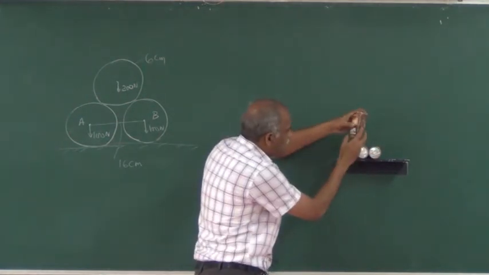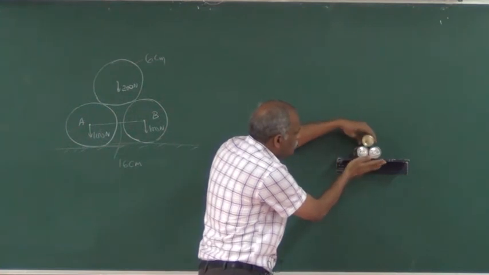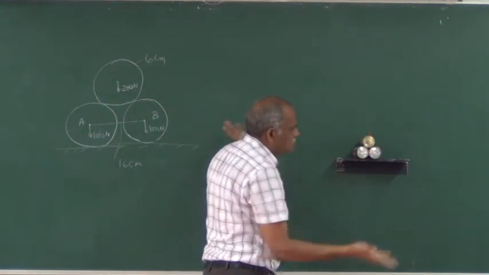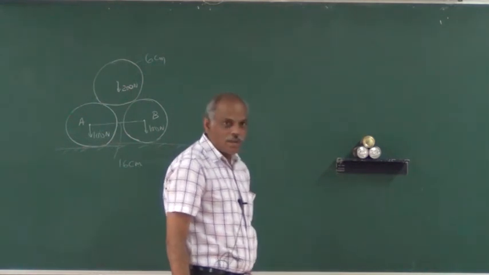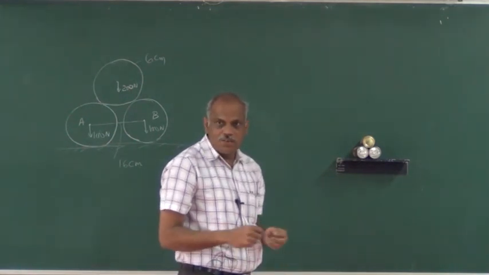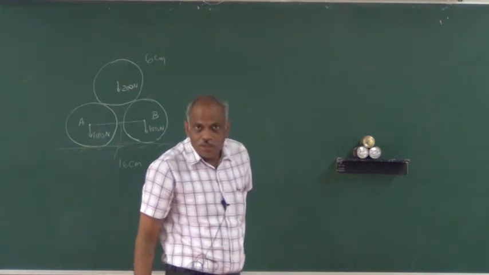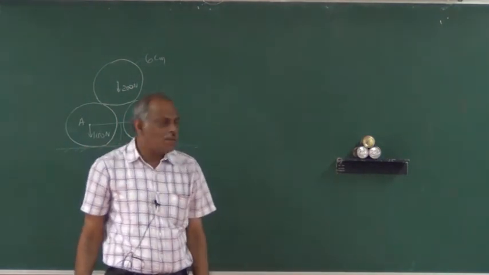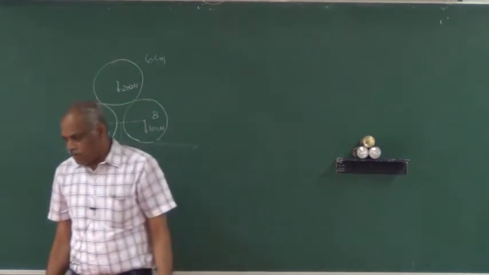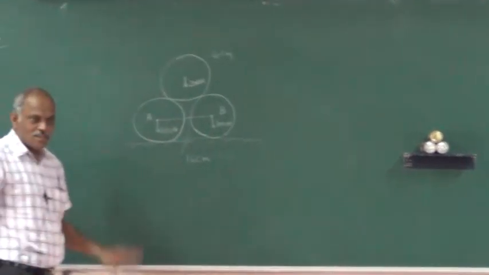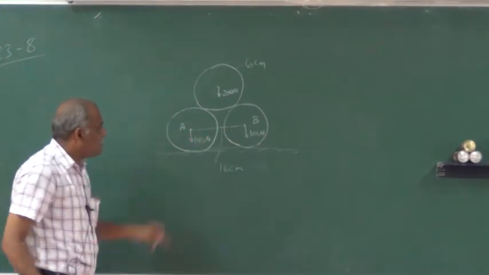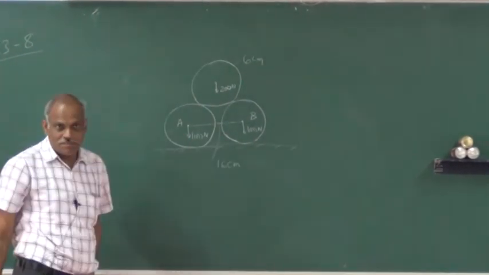So I put the cylinder above. They are in equilibrium. So it is necessary to have a string to keep this in equilibrium. I hope that this won't fall till the exercise is over. Now this is the case. So we have to find out what is the tension in the string.